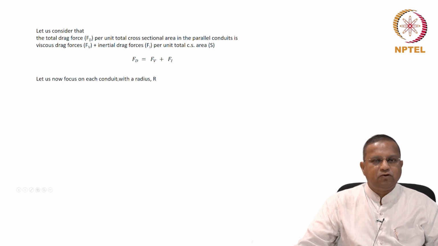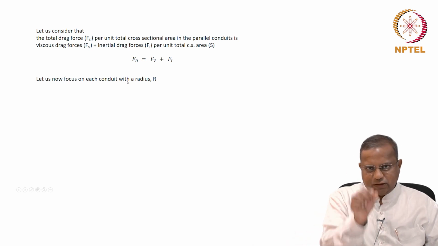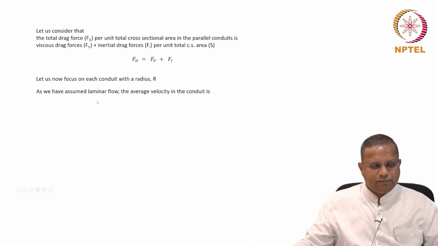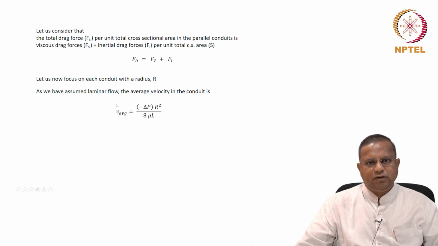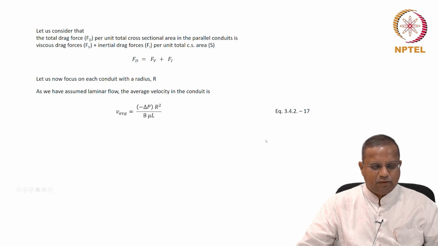Now let us focus on each conduit with a radius r. We have assumed laminar flow, and therefore the average velocity in the conduit is given by the laminar flow expression. Average velocity in a laminar flow is minus delta p r squared by 8 mu L. This we have already seen, equation 3.4.2-17.